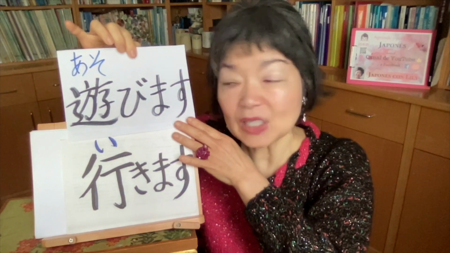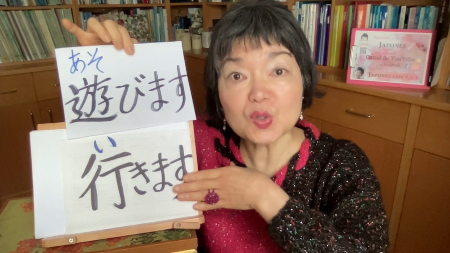In this case only the last verb, 行きます, you must conjugate to te form: 行って. 公園へ遊びに行ってもいいですか?